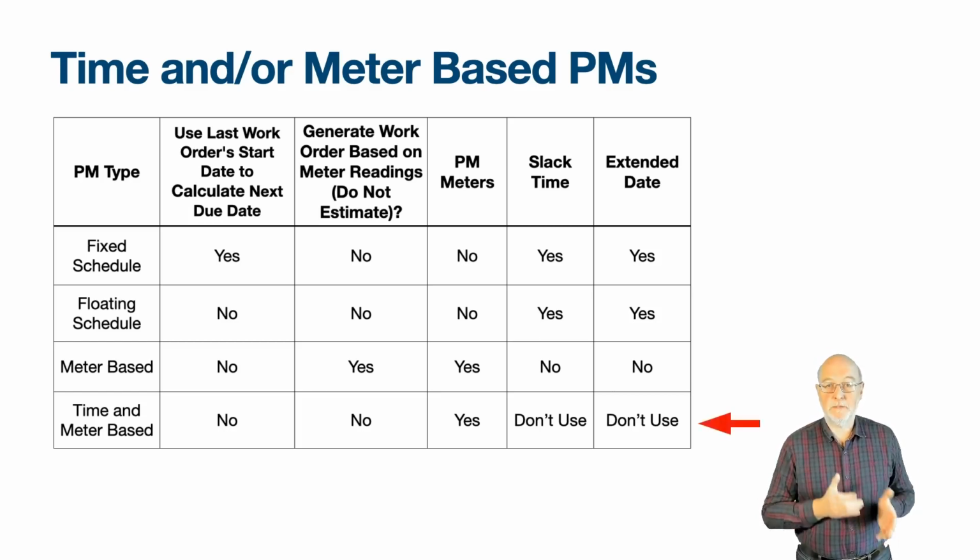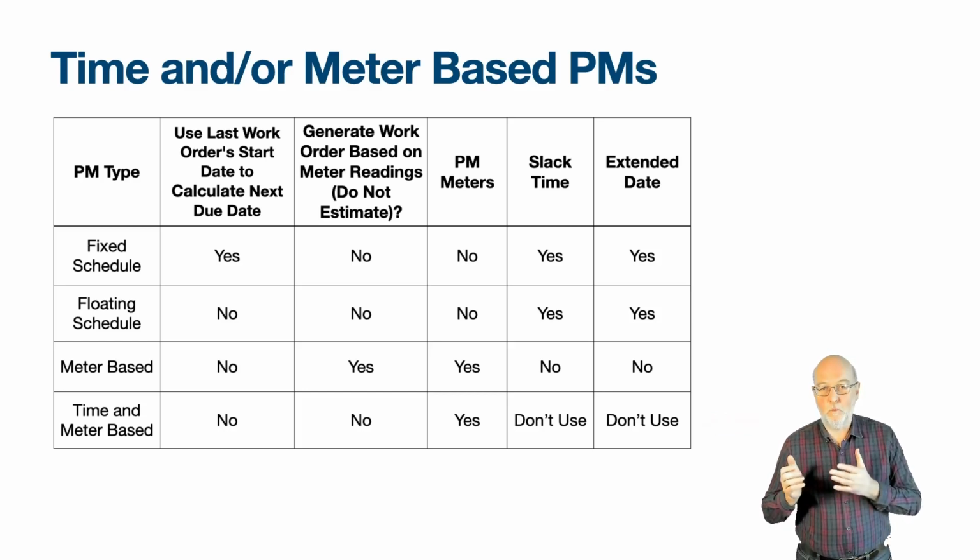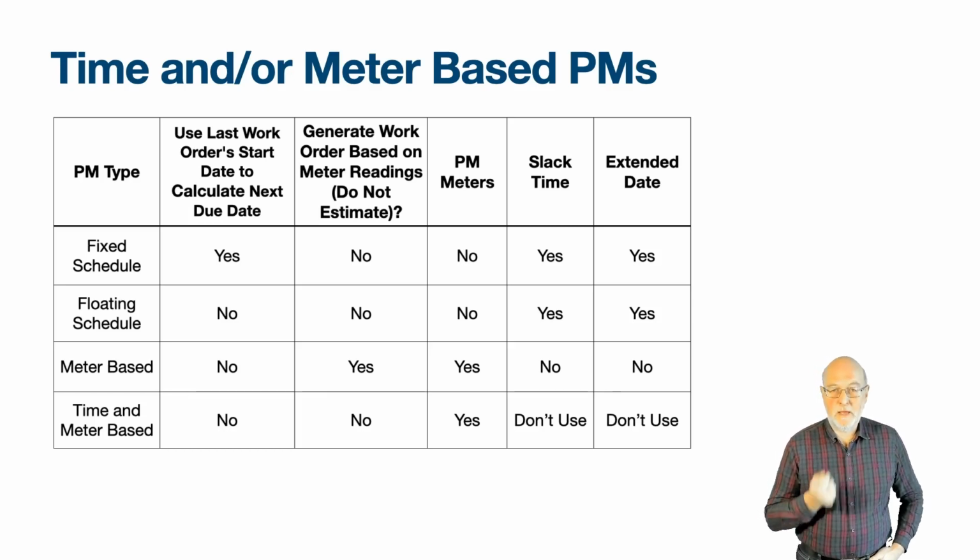And time and meter-based PMs are set to be floating, where work order generation is based on estimated meter readings, or time, whichever estimated next due date is the earliest. When considering manual or automatic work order generation, slack time makes sense for fixed schedule PMs and floating schedule PMs.